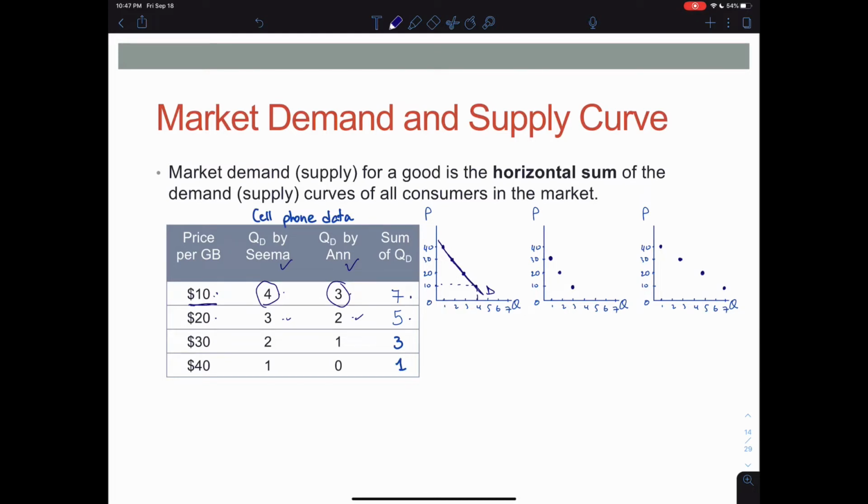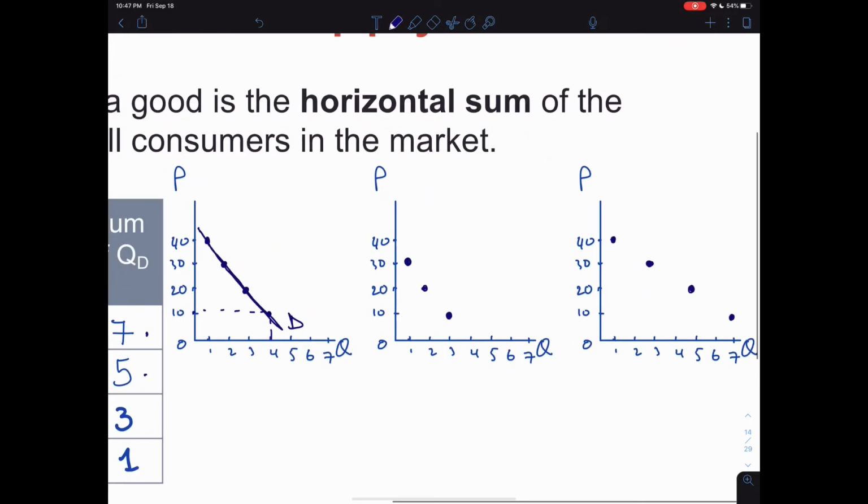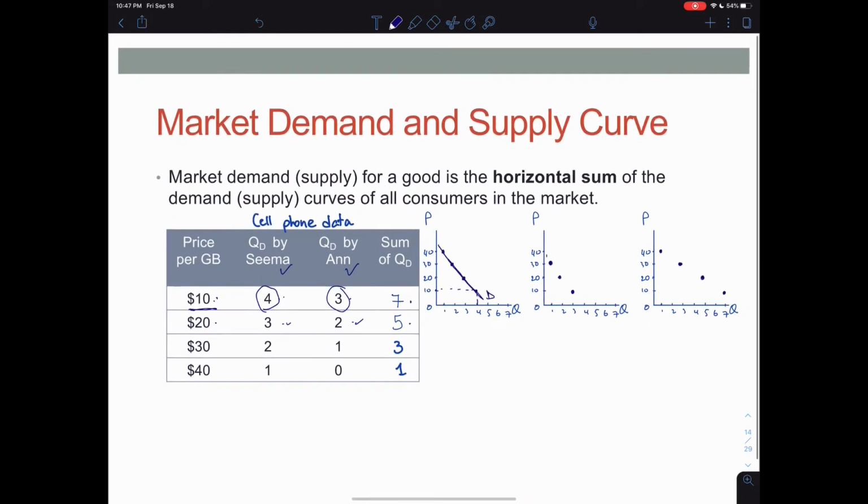I can also approximately draw N's demand. So this is Sema's demand, this is N's demand. What we have done now is we have added horizontally the quantity demanded by each consumer, and then we have these prices and these quantities, and we can get the market demand.